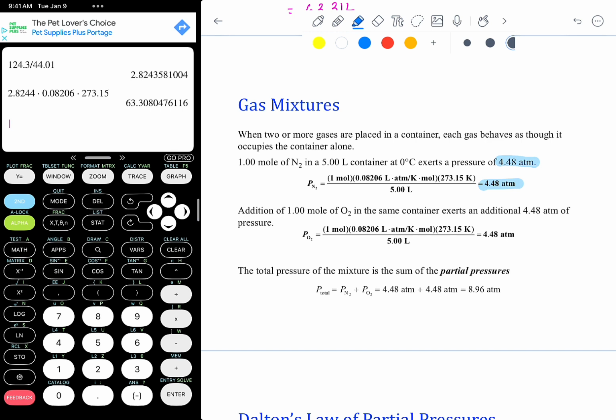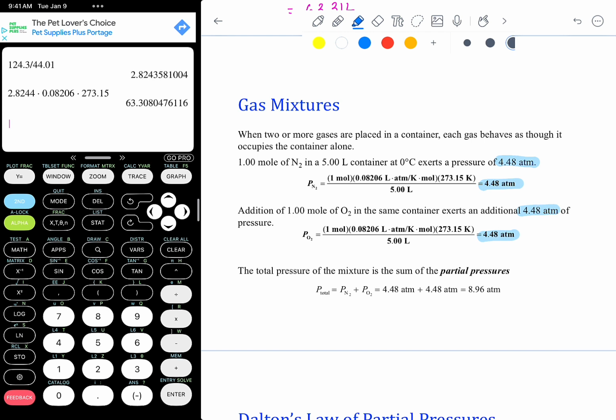We can then add 1 mole of oxygen gas to the same container. It would be under the same conditions and therefore would exert an additional 4.48 atm of pressure on the container. There's still 1 mole of it. It's in the same container which has the same volume, and they're both at 0 degrees Celsius.